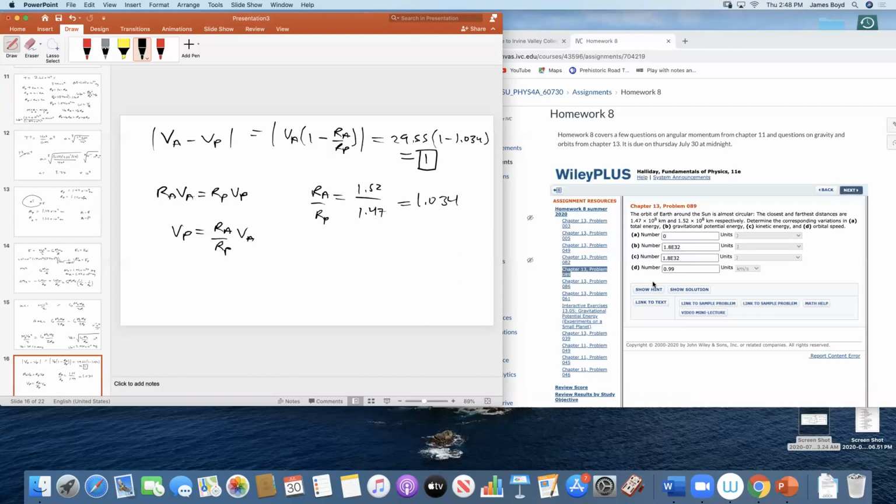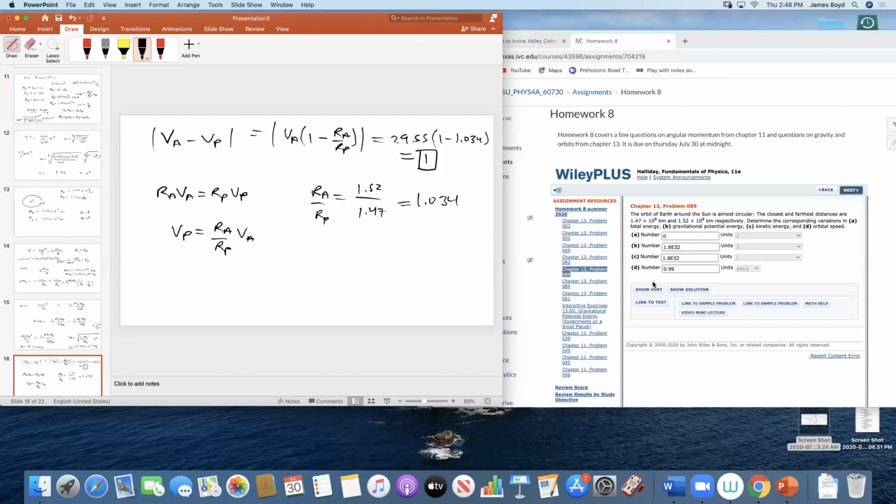But what this is saying is VP is 1.034 times VA. So the speed at perihelion is about 30.55. It's essentially 1 kilometer per second faster when it's near the sun. And I want you to always remember that.